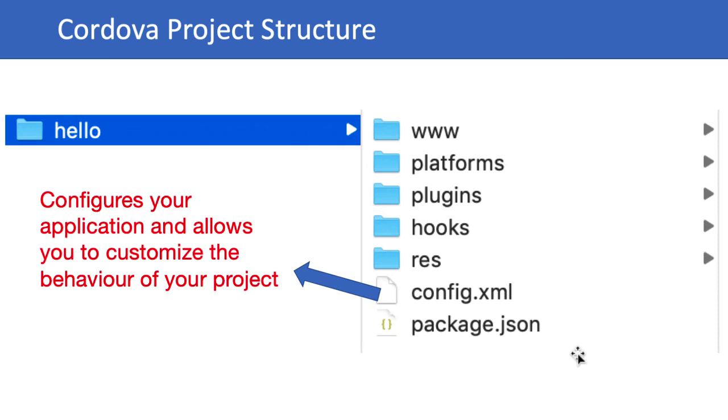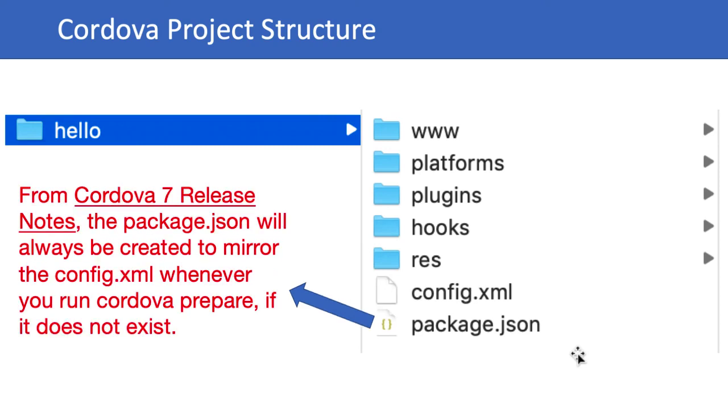The last file is package.json. From Cordova 7 onward, package.json is always created to mirror config.xml. Whenever you run the cordova prepare command, if it does not exist, it will be created again.